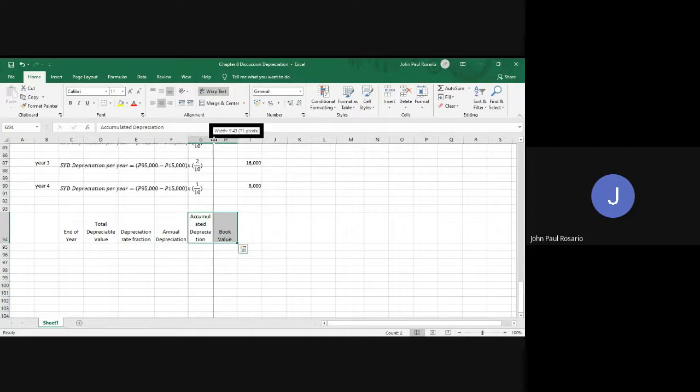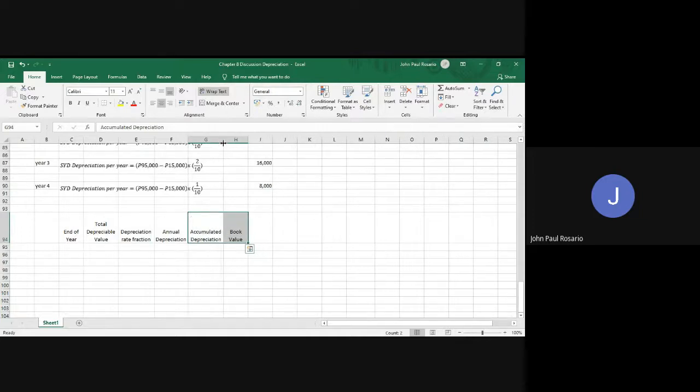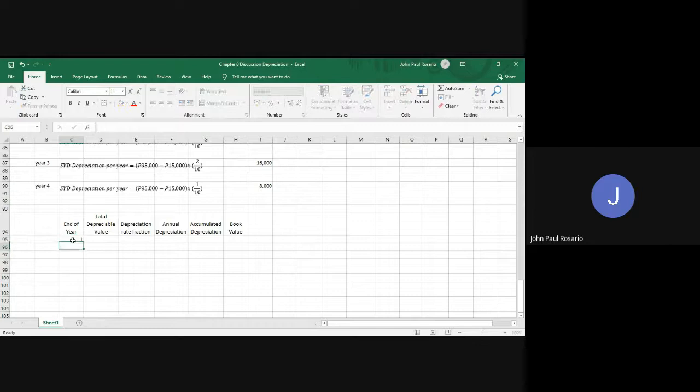Okay. So we have again 4 years: one, two, three, four. Total depreciable value is again 80,000 because that is 95,000, the original cost, less the salvage value. Depreciation rate fraction, we know that is 4 over 10.